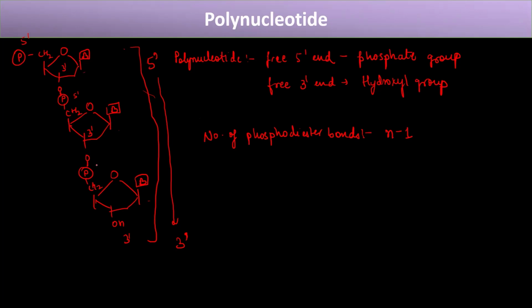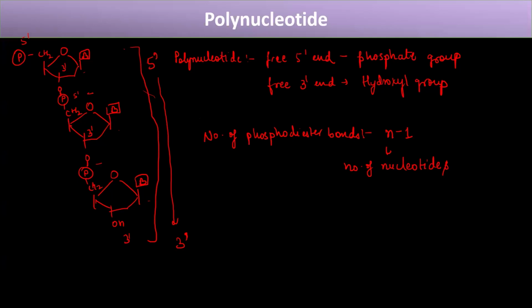And if we talk about the phosphodiester bonds, how many do we have? We have 1 and 2, right? So the number of phosphodiester bonds will be n minus 1, where n is the number of nucleotides. So if a polynucleotide chain has 10 nucleotides, then 9 phosphodiester bonds will be formed. Okay. So this is the structure of polynucleotide.